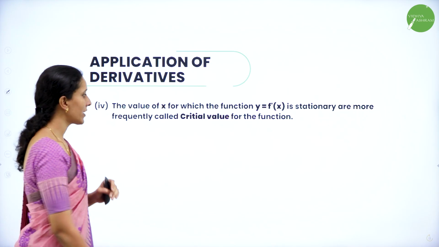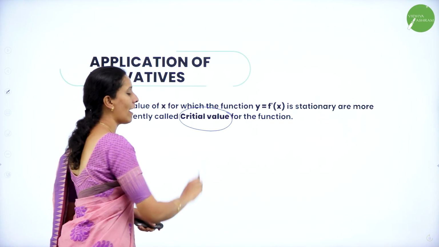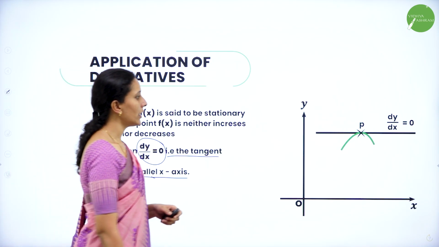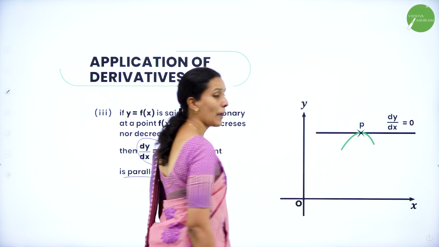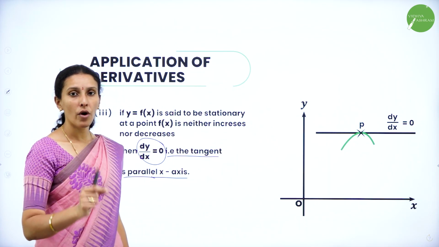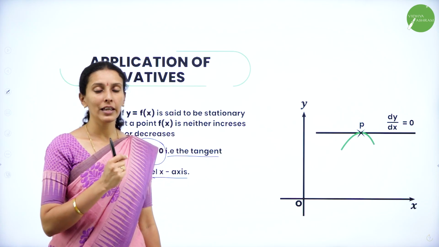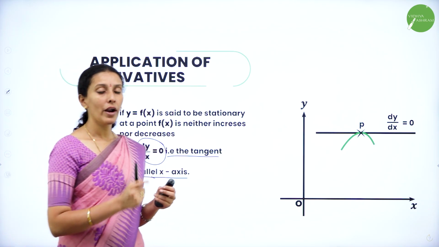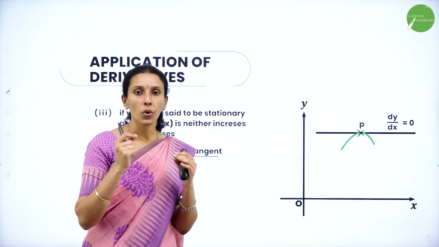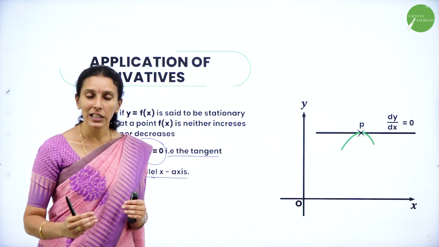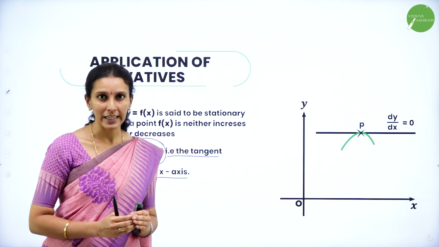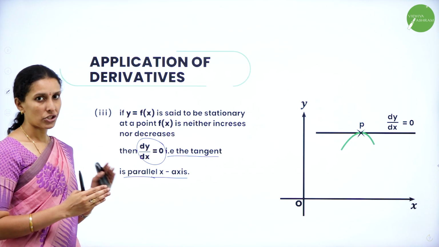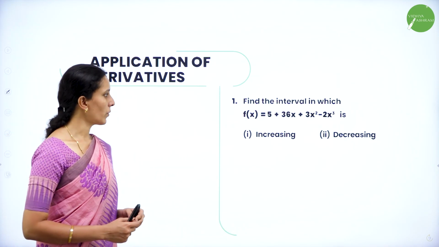That value of x is nothing but the critical value of the function. So, here in this graph, we can say P is the critical point or critical value of the given function. Critical point is nothing but the point where the function neither increasing nor decreasing. It is stationary.